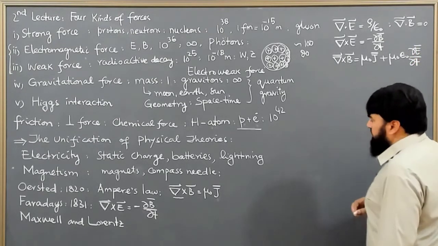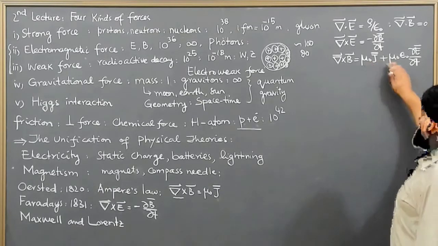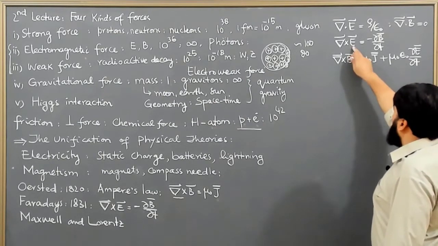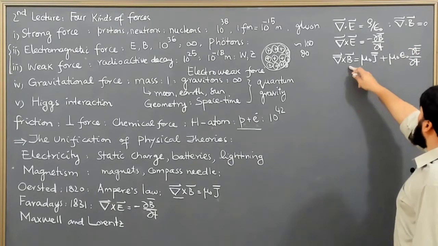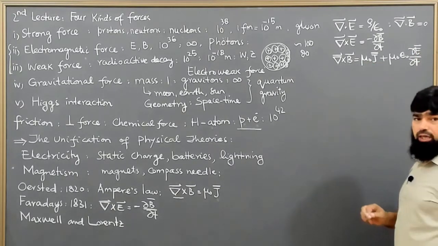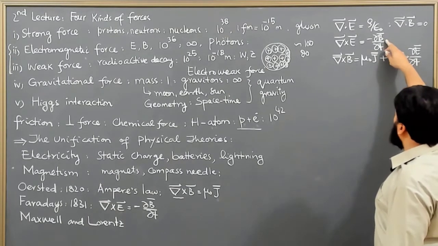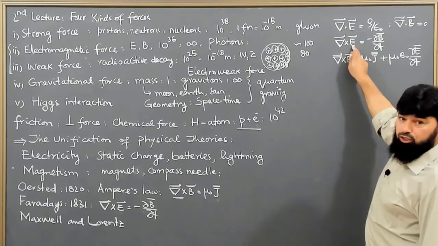Now if I ignore this term and look at this one, here is del cross E, so curly B by curly T. Here is del cross B and curly E by curly T. So if you vary the magnetic field in time, you are having an electric field in space.